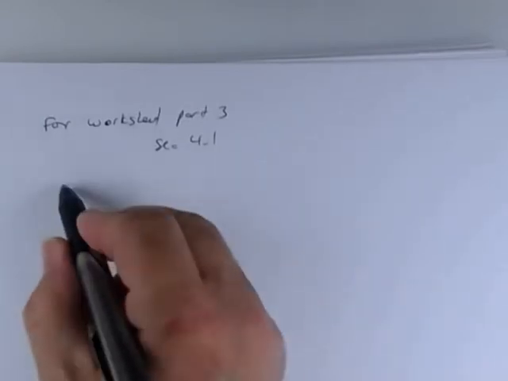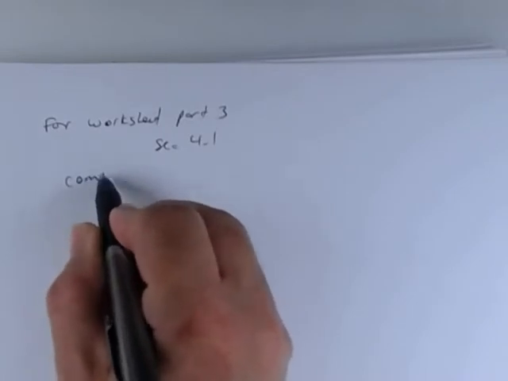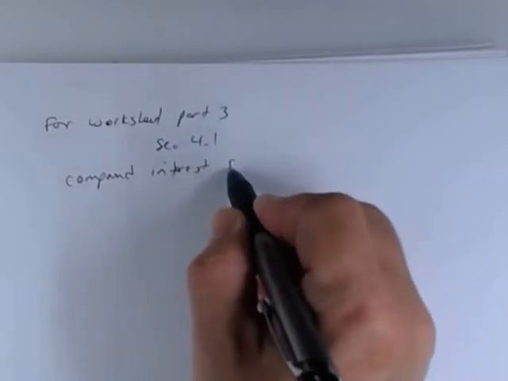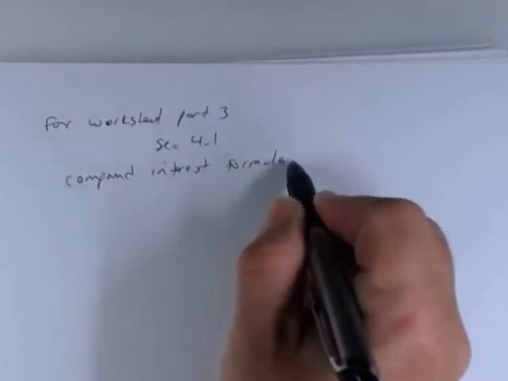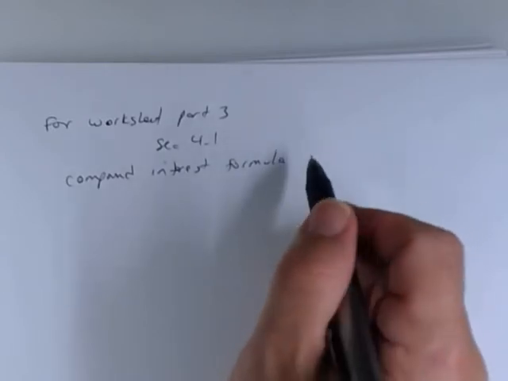Okay, so there are a couple of common formulas that you can use for compound interest. So this will be your compound interest formula, and there are 2 of them. I'll give them to you. You don't have to memorize them, just know when and how to use them.